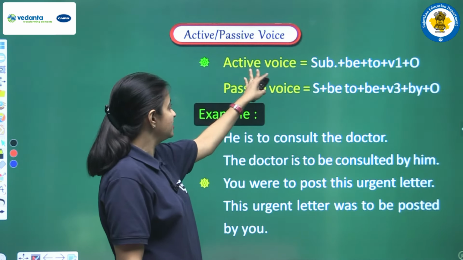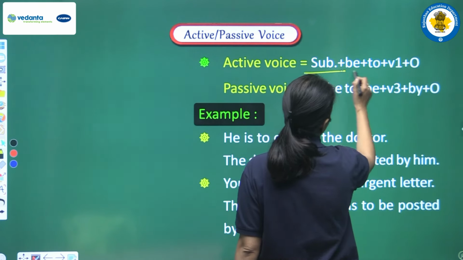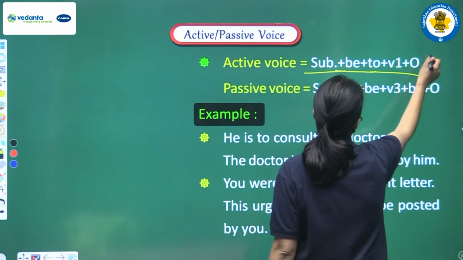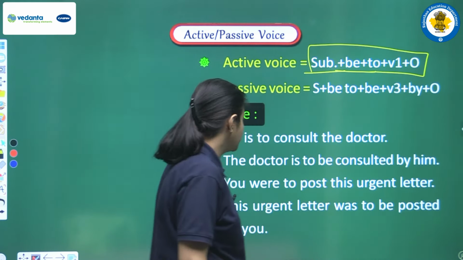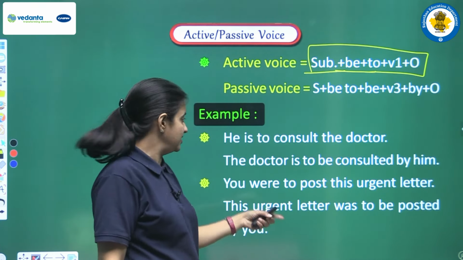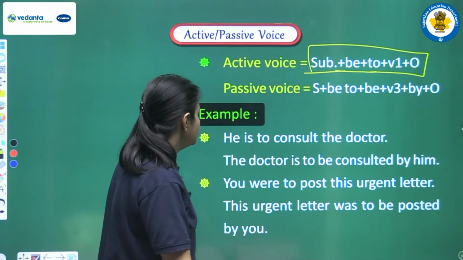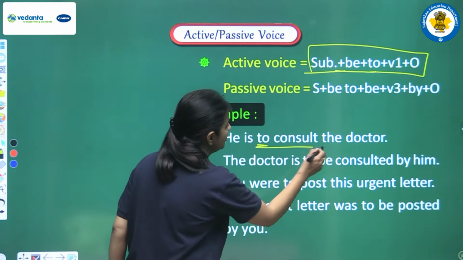Next, let's see what we are having. Now suppose in active voice we are having this structure, that is subject plus be plus to plus verb's first form plus object. So in this way we have to convert the sentence. How? Let's see. The example we are having, he is to consult the doctor. It means we are having to plus first form.